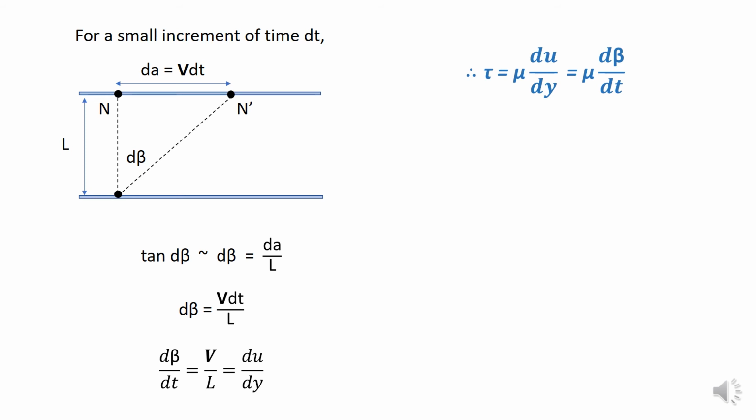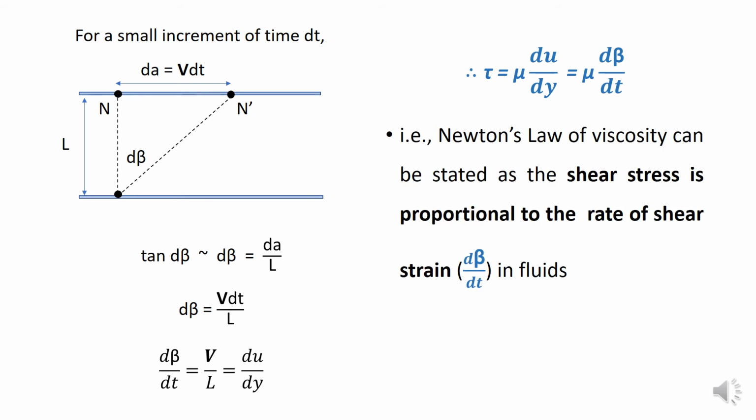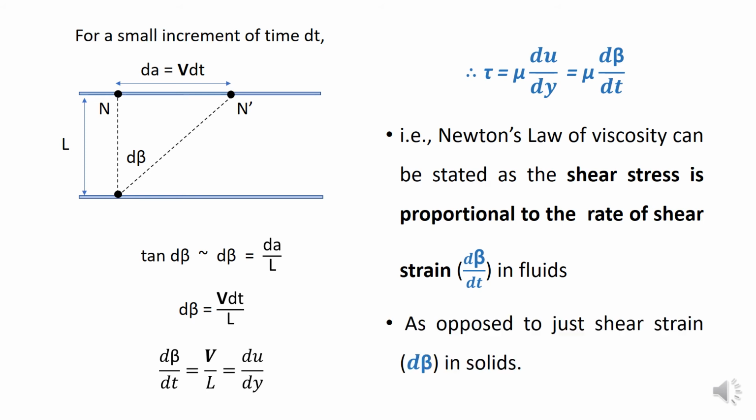So Newton's law of viscosity defines that shear stress is proportional to rate of shear strain in the fluid. It's entirely different from that of solids. In the case of solids, according to Hooke's law, shear stress is directly proportional to shear strain. But here, for fluids, according to Newton's law of viscosity, shear stress is proportional to rate of shear strain.